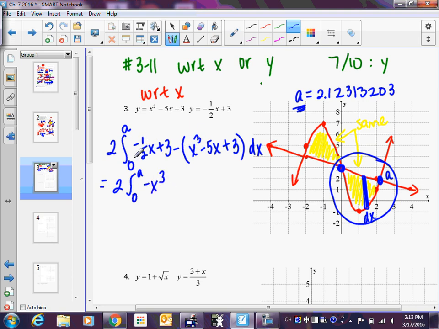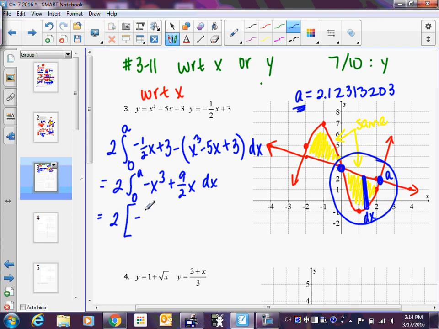And then the negative half x minus negative 5x, that's going to make plus 5x, which is going to make plus 9/2 x. I'm just combining like terms. And the 3's actually totally go away. So that's what you would want to probably do. Probably simplify it before you integrate.